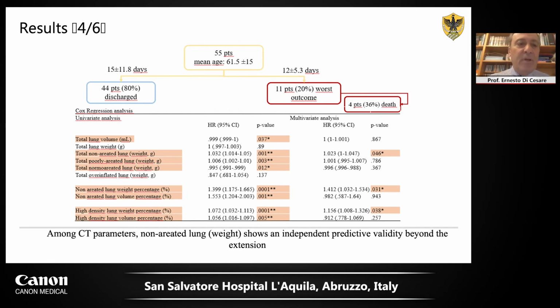If you look at this Cox regression analysis, the significance in the univariate analysis was evident in most of the parameters, but the multivariate analysis showed significant differences in total non-aerated lung weight, in non-aerated lung weight percentage, and in high density lung weight percentage, providing an independent predictive value.